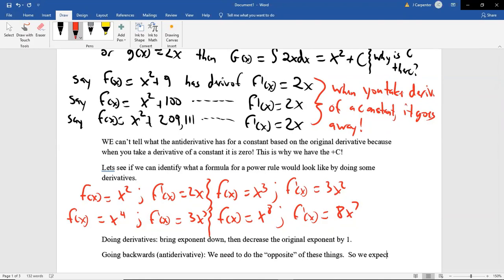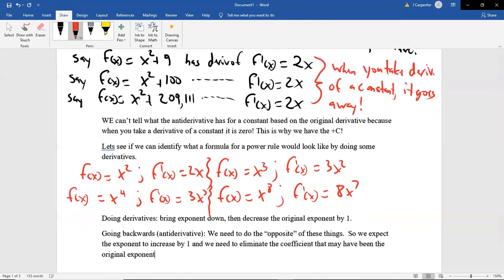So we expect the exponent to increase by 1, and we need to eliminate the coefficient that may have been the original exponent via division.